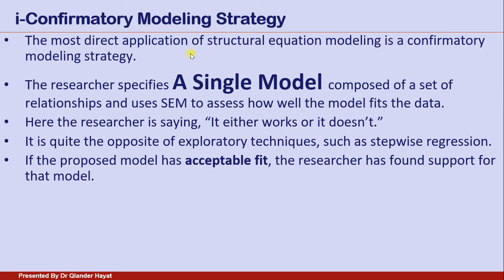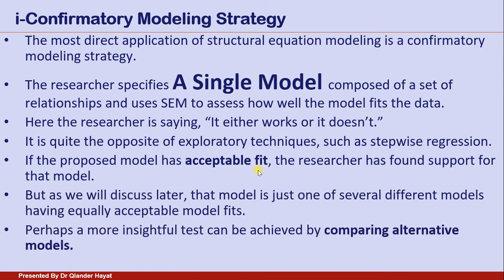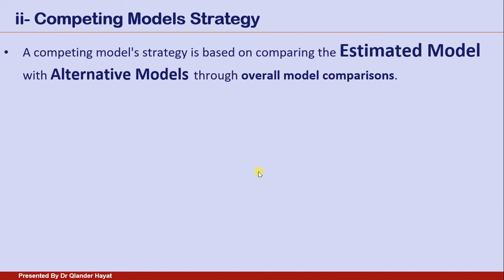In the confirmatory modeling strategy, we just develop a single model composed of certain relationships, and then we test whether it works or not, just by seeing the acceptable model fit. In the second, we compare the estimated model with alternative models and see the overall model comparison.